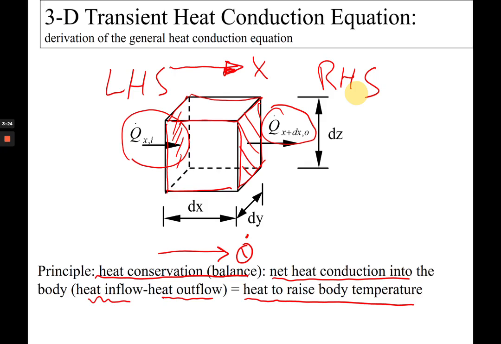I'm trying to find out how much net heat goes into the body from the x direction. Afterwards we can add the y and z directions together to give the total. Let's now look at what's going on in the x direction.